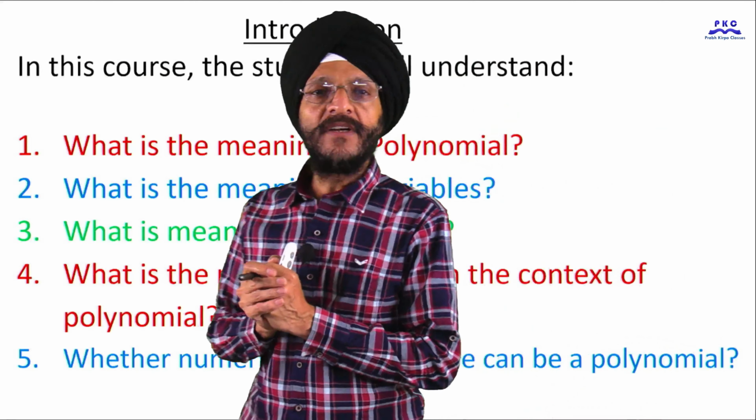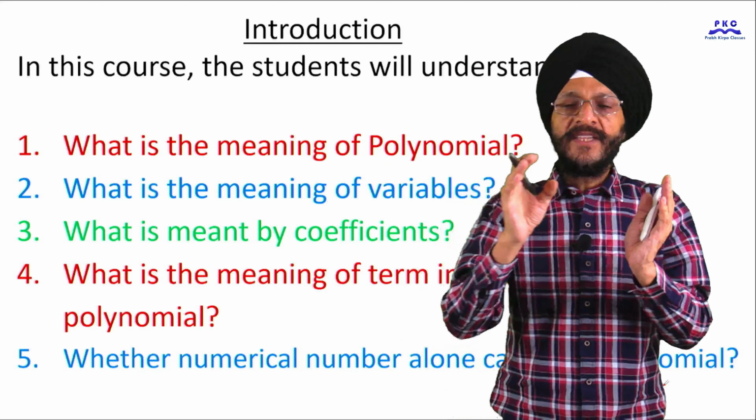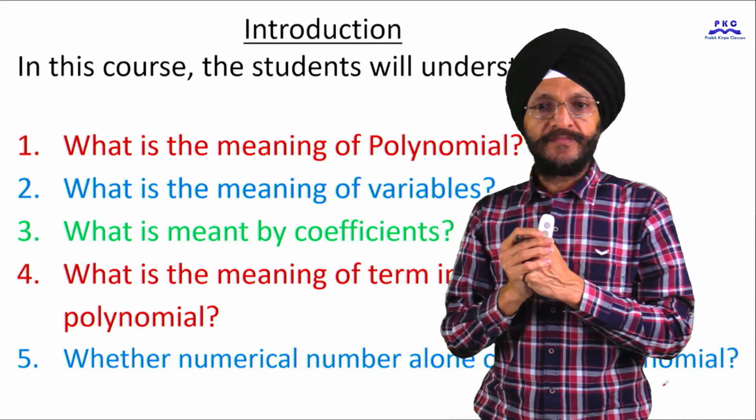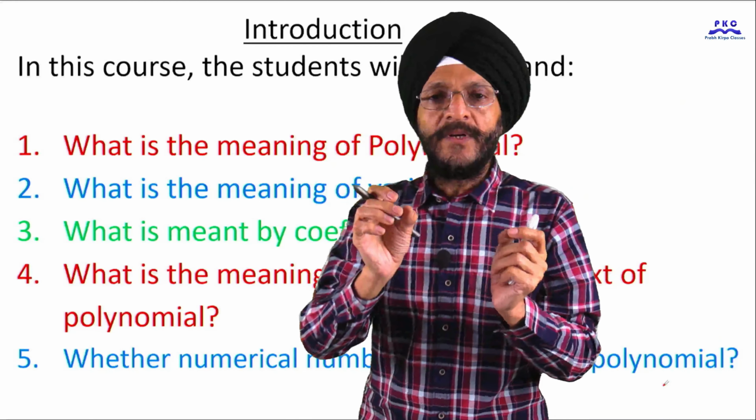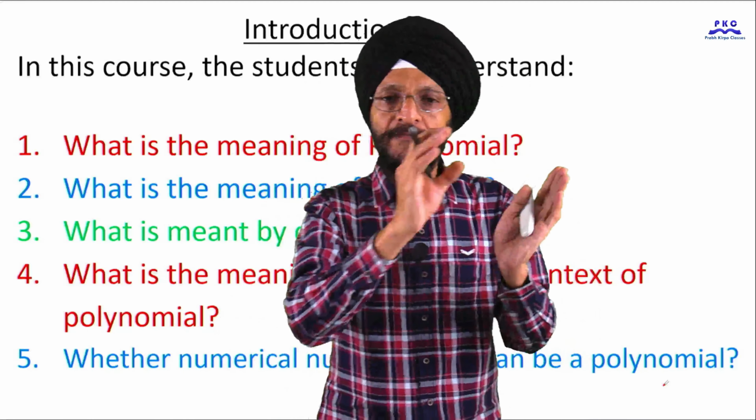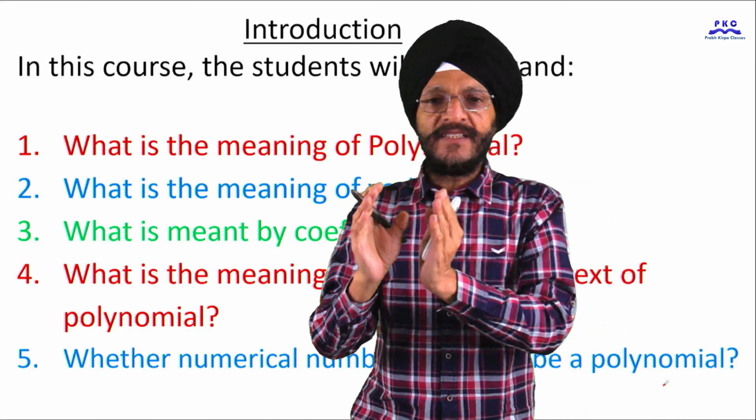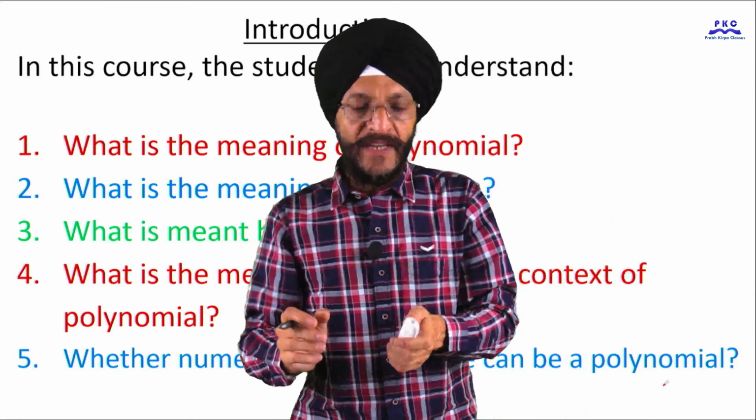The students will also understand that a numerical number alone cannot be a polynomial, because a numerical number alone can be constituted only as a constant, whereas in the case of a polynomial the term has to be a combination of coefficient as well as a variable.